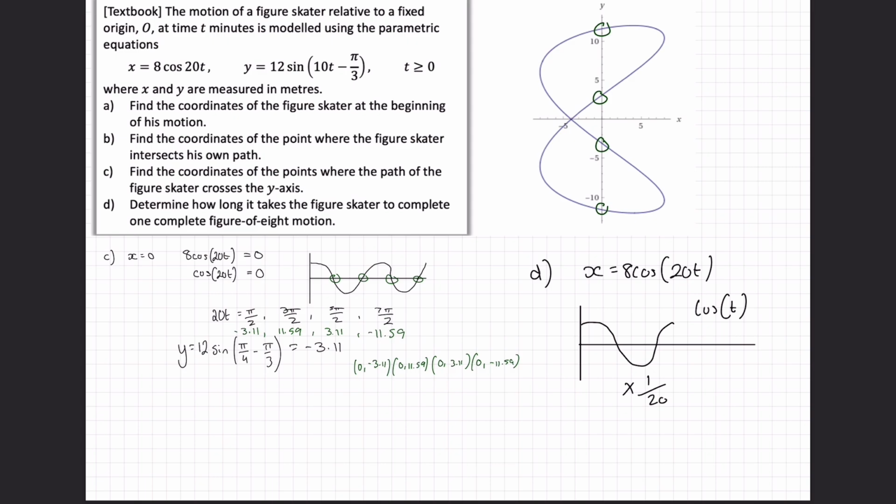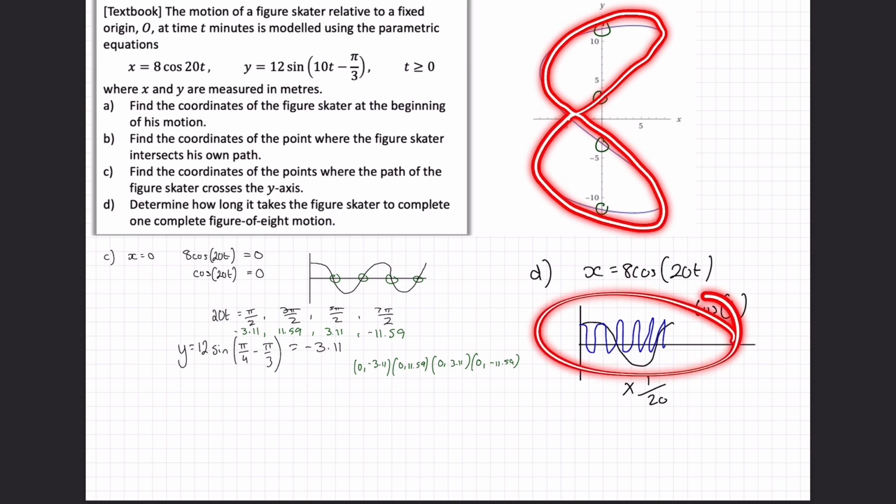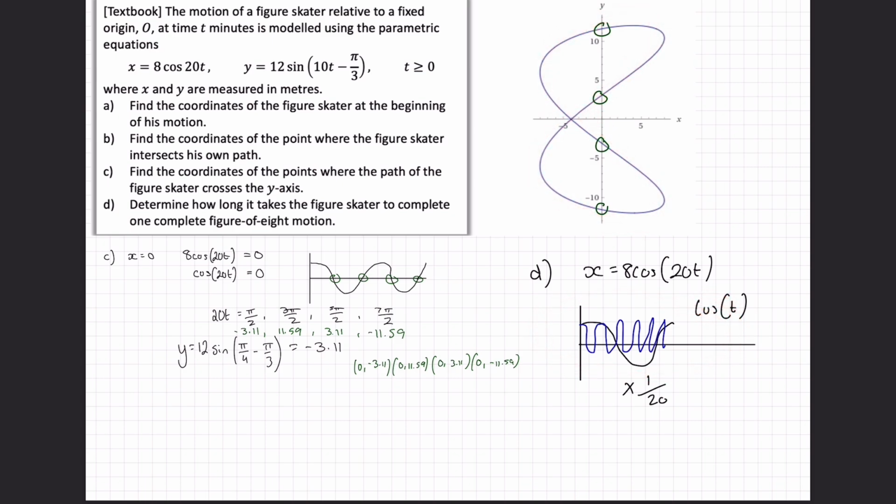So what we can sort of say here is it would sort of be going periodically 1/20th faster. But to go back to our original position, or to do a full loop, we actually have to go around this essentially twice. We have to come back to the x, our starting position, a factor of 2.